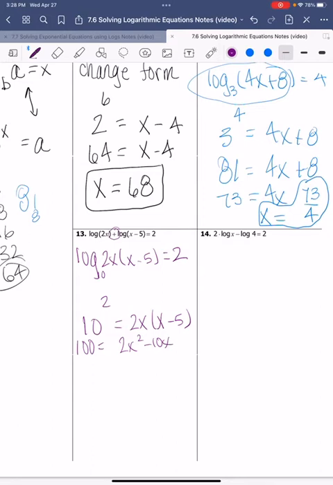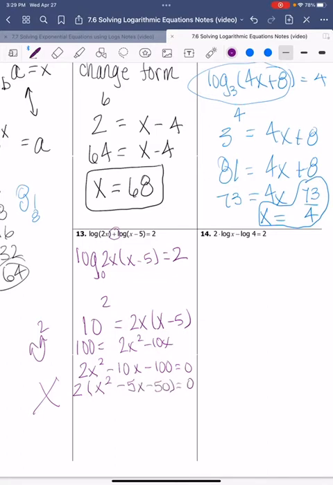All right. You have a quadratic. Squared is a quadratic. Set it equal to 0 and use the zero product property. So this is going to become 2x squared minus 10x minus 100 equals 0. I don't want to factor with that. It's too big. I mean, I could make my diamond, but it's way too much. So instead, how about we take out the 2? That's x squared minus 5x minus 50.